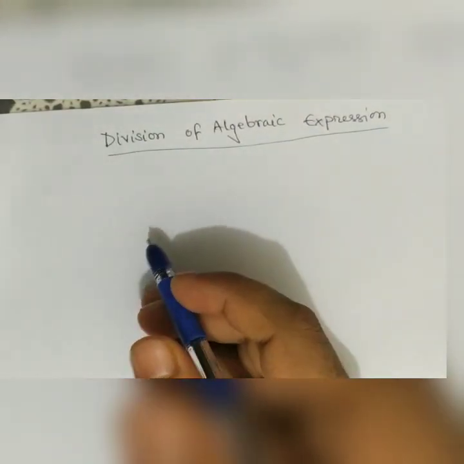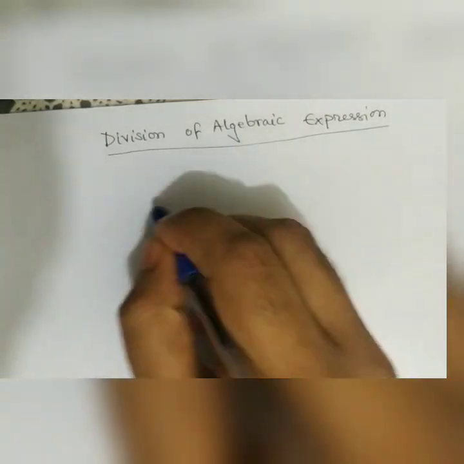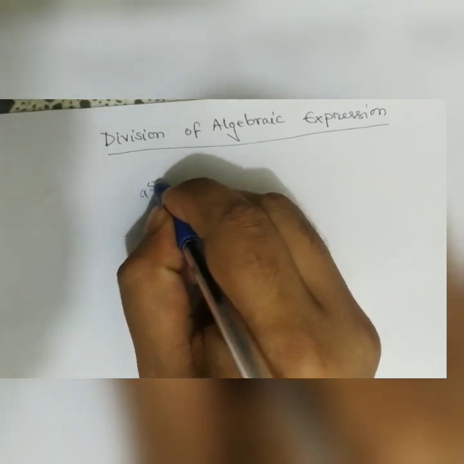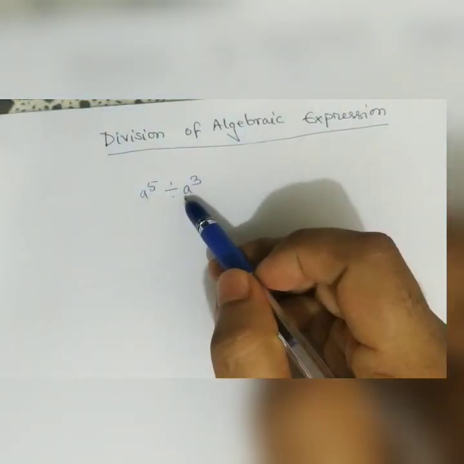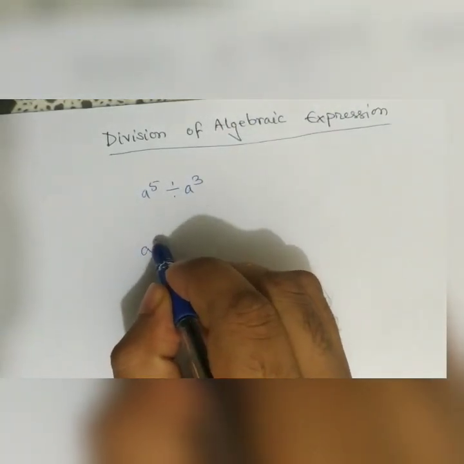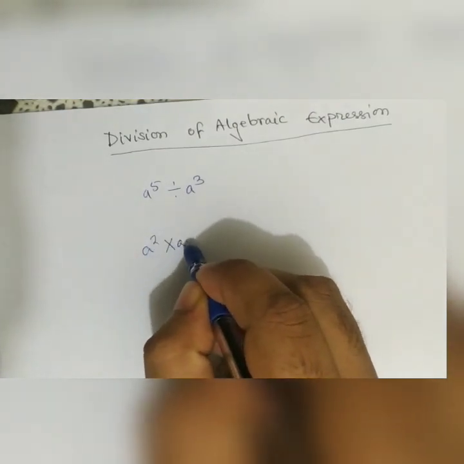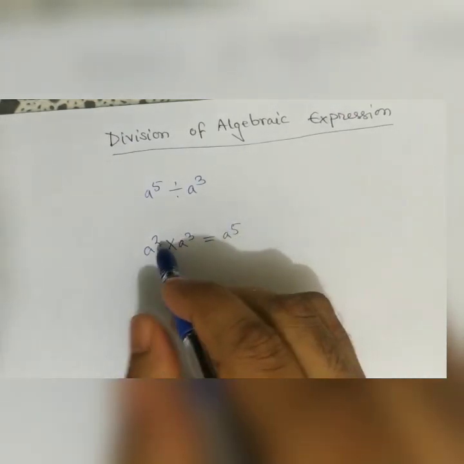First, let's try and understand the basics. Let's say a to the 5 divided by a cube. Before, what we used to do, for example, let's remind ourselves, a square into a cube, what did we get? A to the power 5. So the power got added, right?